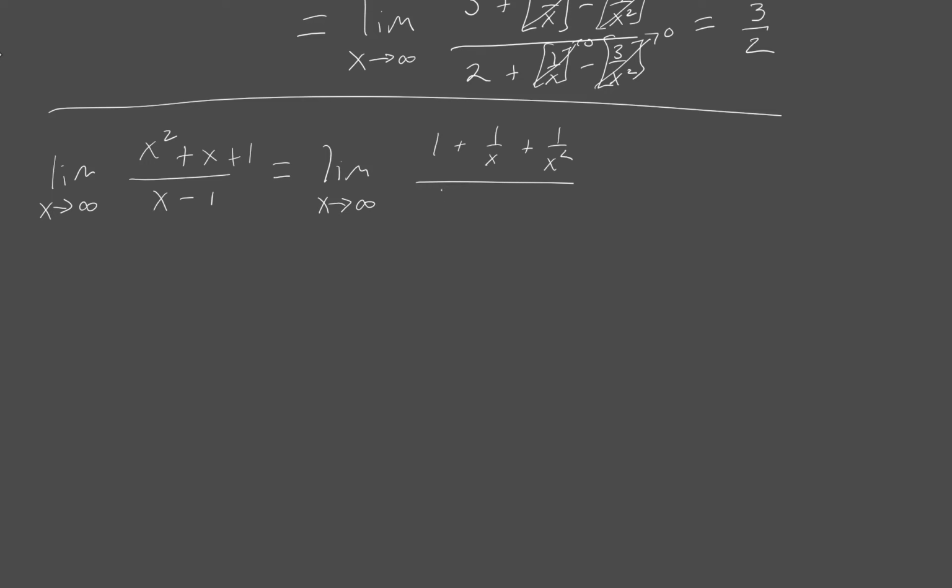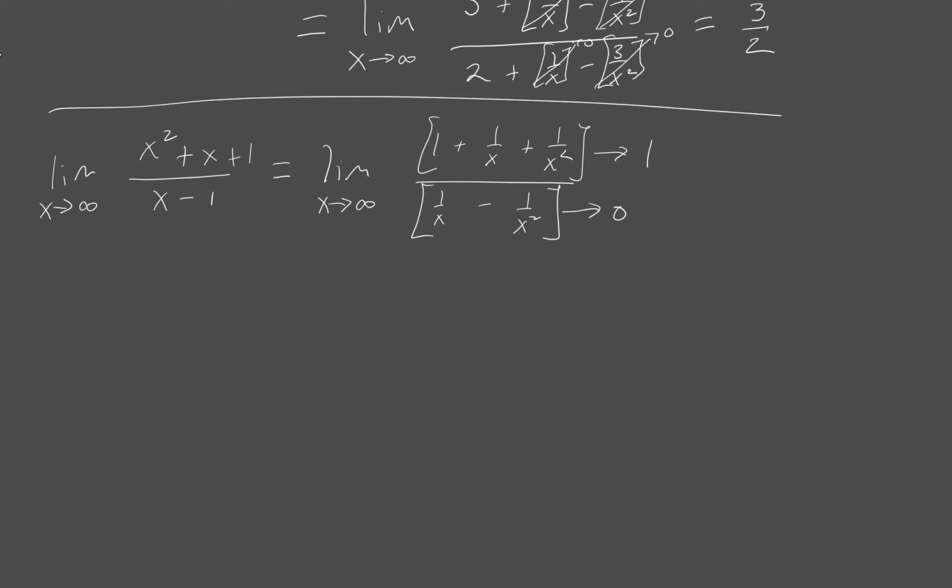And then in the denominator, I have a 1 over x minus a 1 over x squared. Well, the denominator goes to 0. The numerator goes to 1. So this thing looks like it's going to go to 1 divided by 0, and so this is either going to go to positive infinity or negative infinity.